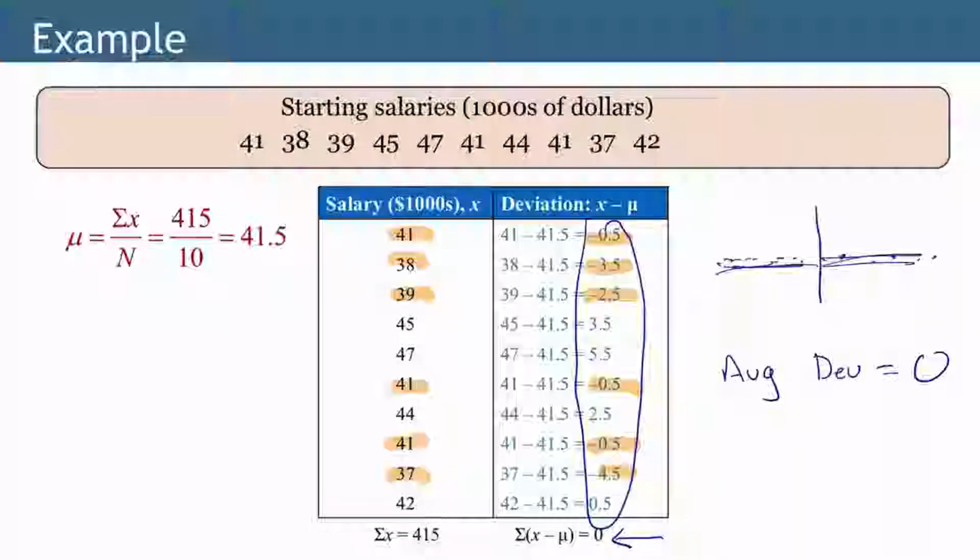We don't want to do that though, because absolute values are problematic when you take things up a step further in statistics using calculus. And so we want whatever we do to behave well with calculus. So absolute values are off the table. So the other idea is, well, what if we square it? Because if I square a number, that'll get rid of the negatives. The only problem is, if I square a number, I've also changed the number, right?